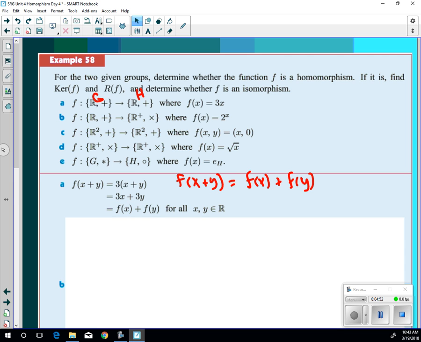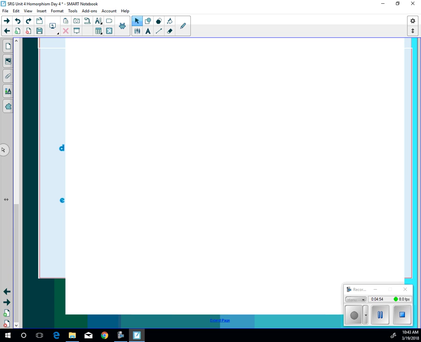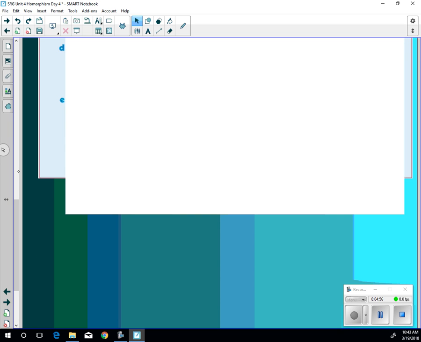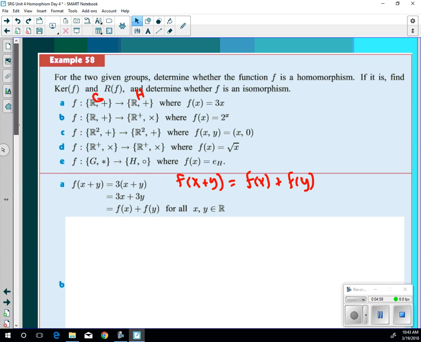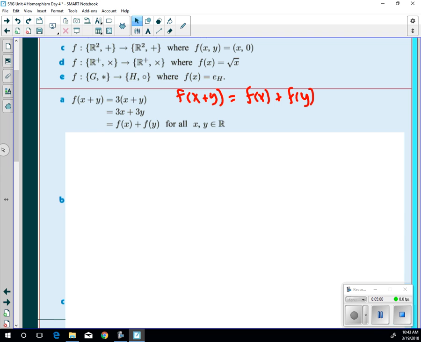So then we can say for all of those, this is f of x, this is f of y, f of x plus f of y for all x, y an element of R. That makes sense, doesn't it? It's not too bad. So we're analyzing these groups with the context of a function. Homomorphic.